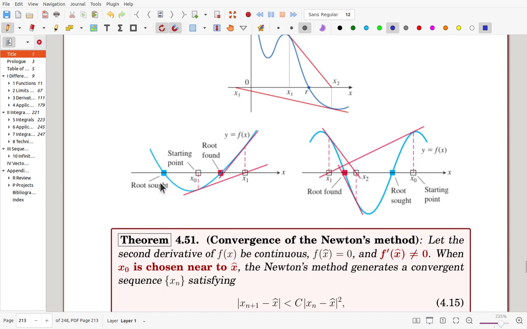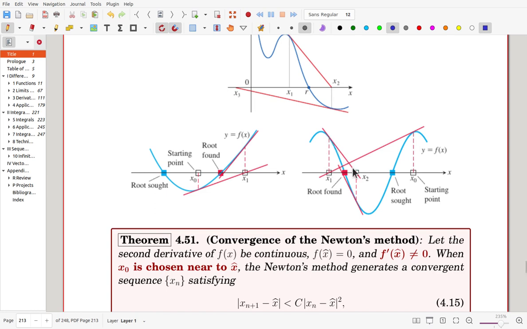The reason is basically that the initial approximation is far away from the root you want. Even sometimes when you start near the root, depending on the function shape, you can get something else. In this figure, x0 is near the root you want to find. But because of this function shape, the tangent line hits the x-axis here, and again from this updated point you make a tangent line.